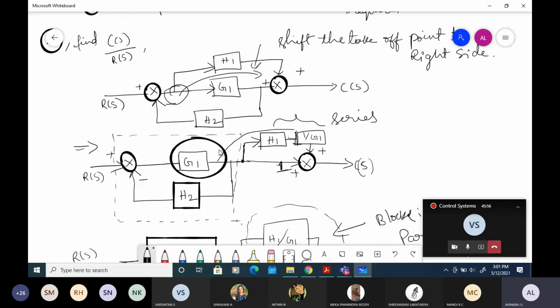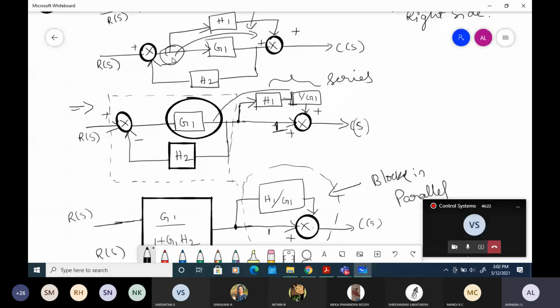Then what did we do? We shifted the takeoff point to the right side of the block. When you shift the takeoff point after a block, the block value has to be multiplied as a reciprocal, that is 1 by G1. H1 was there, so H1 into 1 by G1 is multiplied here.